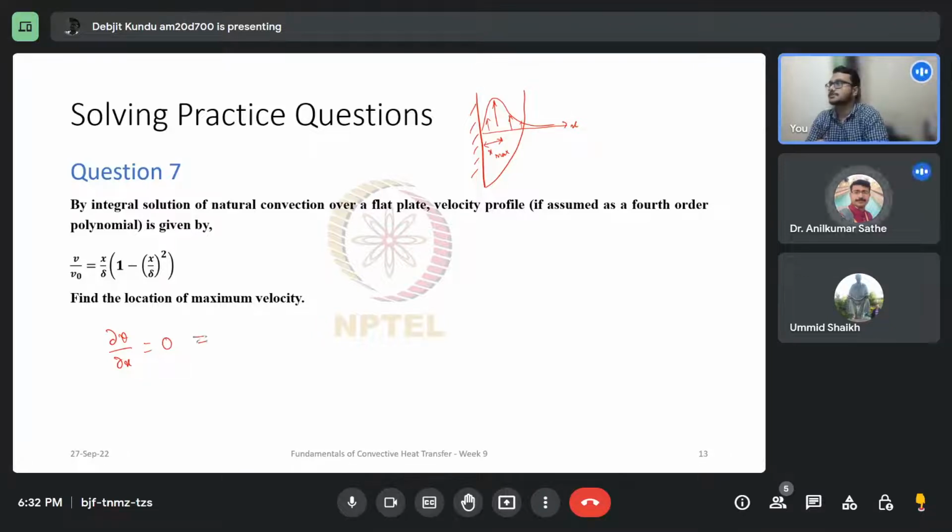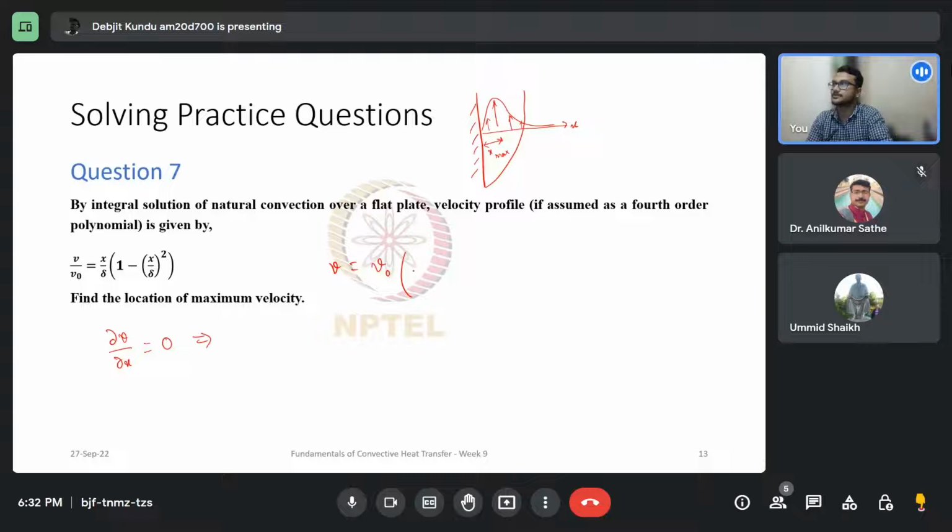Since we know this, I'm taking v naught out of the equation. I can simply multiply both sides, and since 0 is there, it will vanish. Okay, let's write down v separately here. V is v naught over delta, and I'll keep this delta in between.